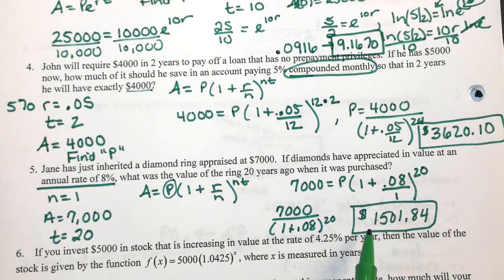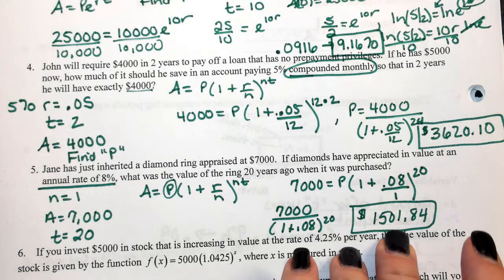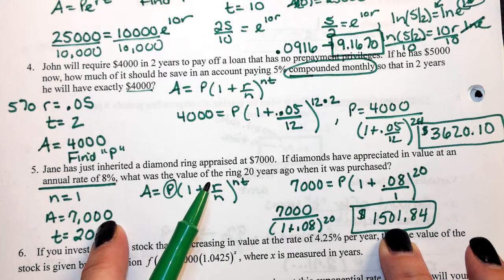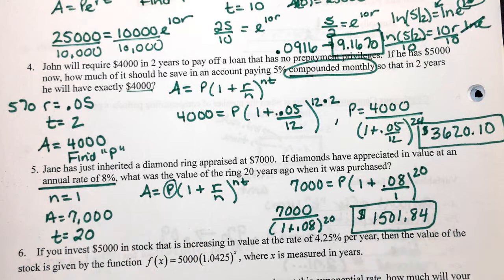Somebody bought it 20 years ago for this amount, now it's worth $7,000, you've got to pay a tax on the difference between the $7,000 and the $1,500. That's why they say it costs money to die. So that's why people have to know how much things were purchased 20 years ago.